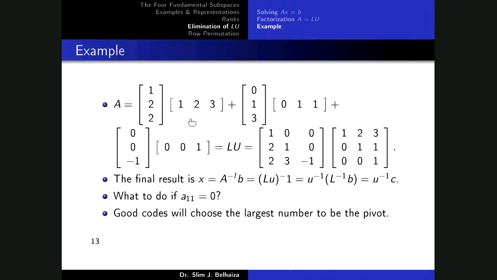When you are able to write A as LU, and you are solving a system where AX equals B, it means that A inverse becomes LU inverse. Am I right? This should be LU inverse times B. There's a typo here. This should be here, and this should be here.